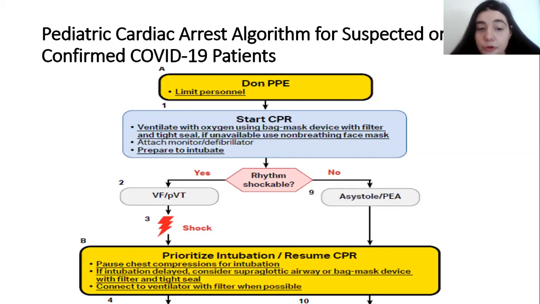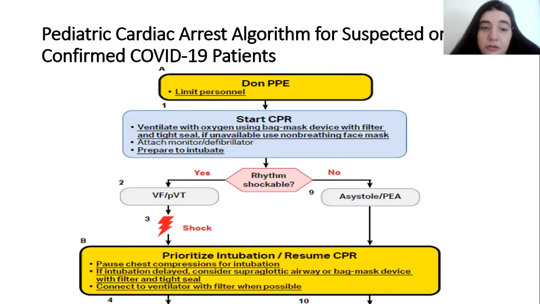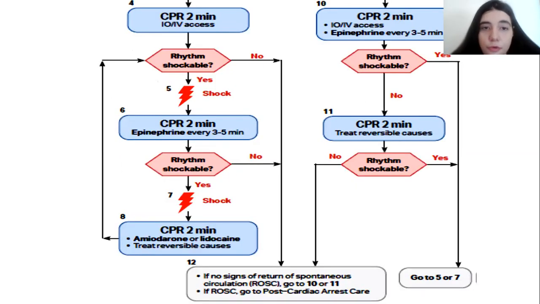Pause chest compression for intubation. If intubation is delayed, then consider a supraglottic airway or bag mask device with filter and tight seal, and connect to the ventilator with filter when possible. Okay, so the patient here has a shockable rhythm, then we continue CPR for 2 minutes as for the adults. Check for the rhythm.